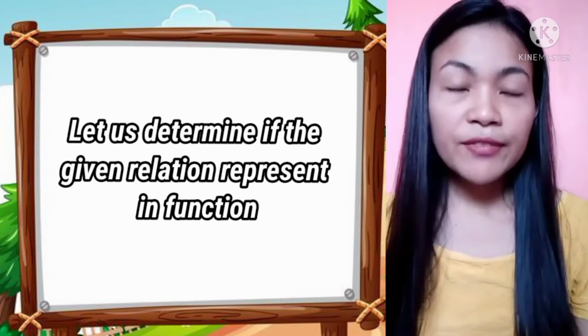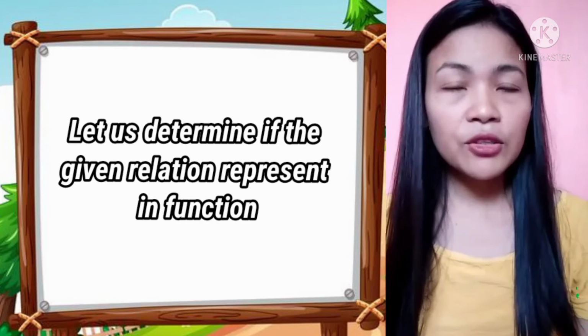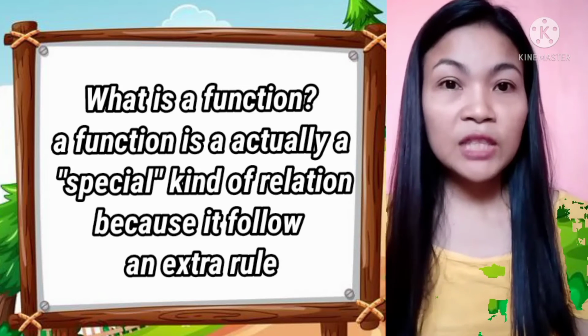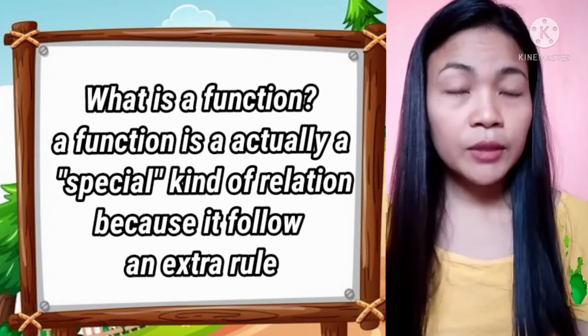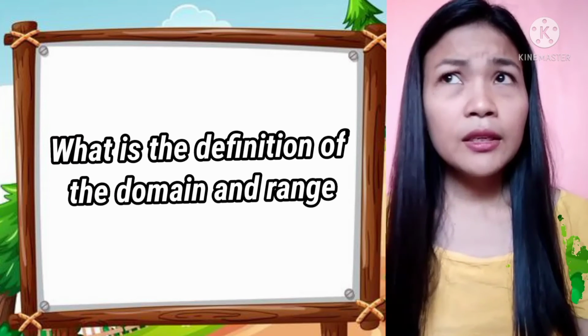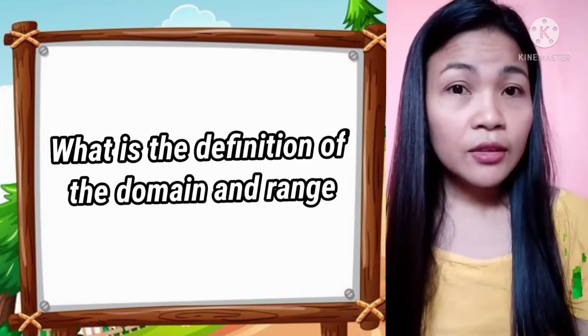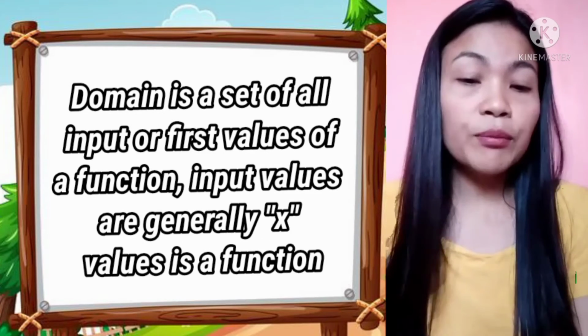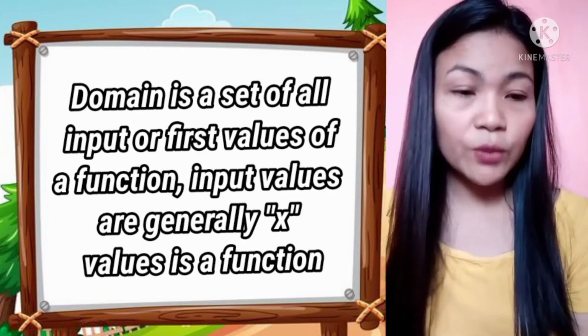Let us determine if the given relation represents a function. Now, what is a function? A function is actually a special kind of relation because it follows an extra rule. Let me define what is domain and range. A domain is the set of all input or first values of a function.